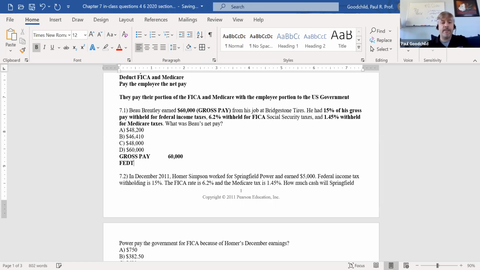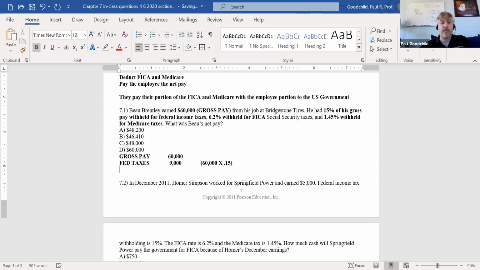Federal taxes, that's 9,000. And how we calculate that is 60,000 multiplied by 0.15. And we've got FICA, 3,720. And we calculate that, take the 60,000 and multiply by 0.062.